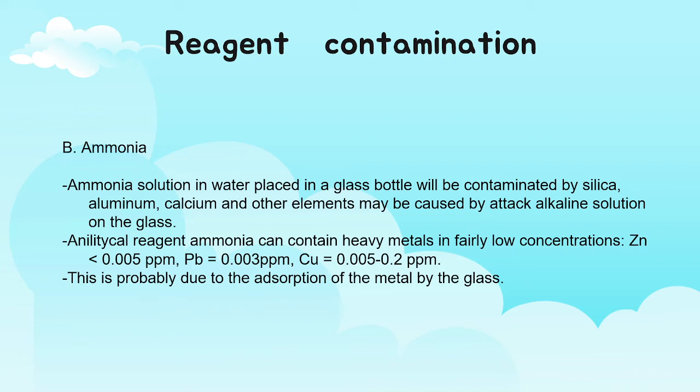Analytical reagent ammonia can contain heavy metals in very low concentration: Zn less than 0.005 ppm, Pb equal to 0.003 ppm, Cu equal to 0.005 to 0.2 ppm. This is probably due to the absorption of the metal by the glass.